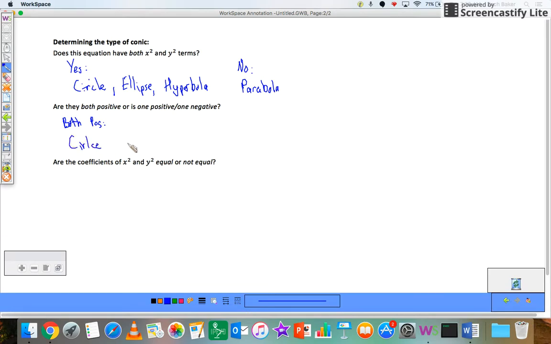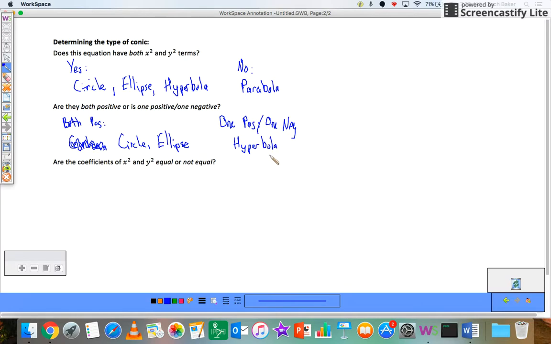It's going to be a circle, I think I spelled circle wrong there, guys, I'm sorry, or it's going to be an ellipse. Now on the flip side, if you see that one is positive and one is negative, what does that leave us with? Well, that's going to be a hyperbola.